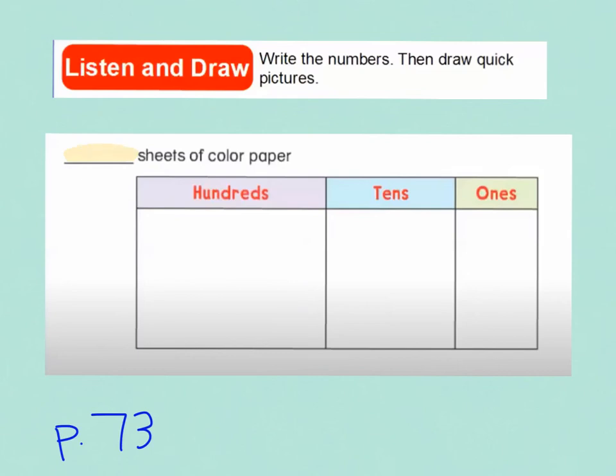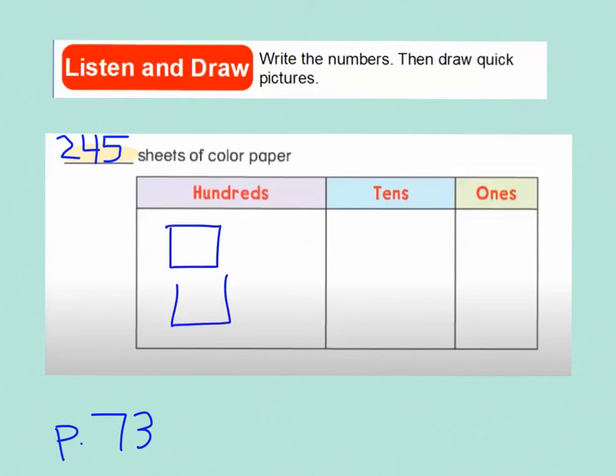There are 245 sheets of color paper in the closet. Let's write that number down. 245. Now let's show that with quick pictures in this place value chart.